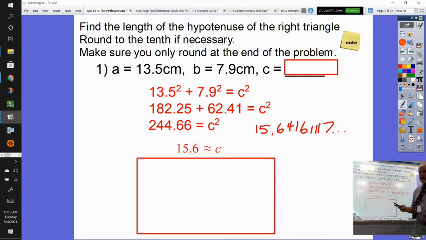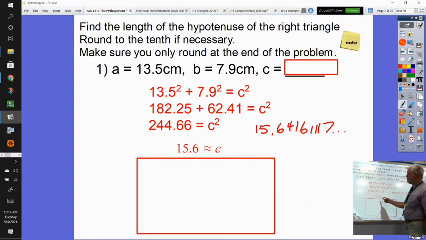So in many, many Pythagorean theorem problems, because you're doing square roots and they don't come out to perfect squares every time, a lot of the time you're going to have to round. So you'll always have rounding instructions. If you don't have rounding instructions, go with whatever's reasonable.